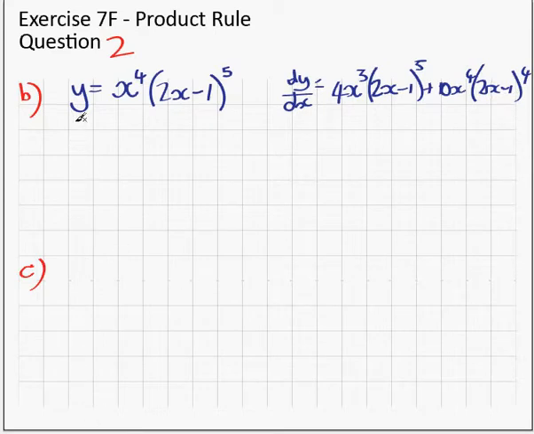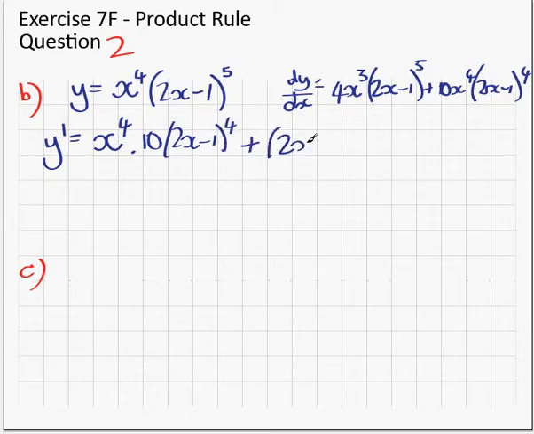So basically we know that the product rule says that y dash will be the first times the derivative of the second, which we already had from before. It was 10 (2x minus 1) to the 4, plus the second term times the derivative of the first.